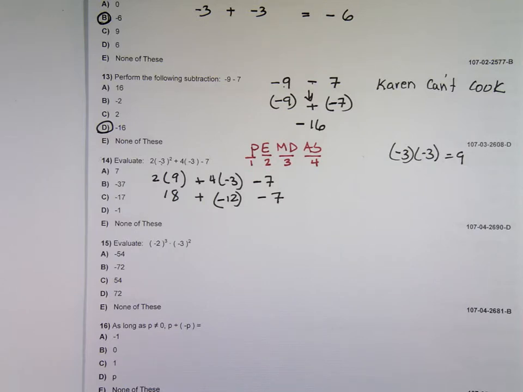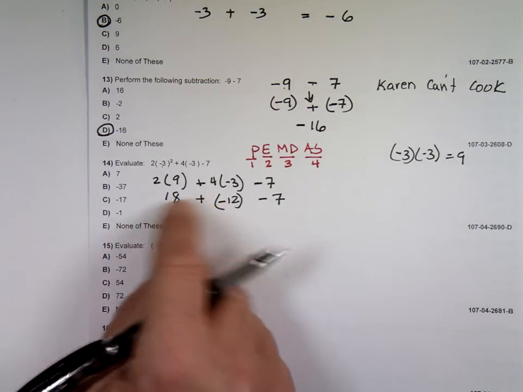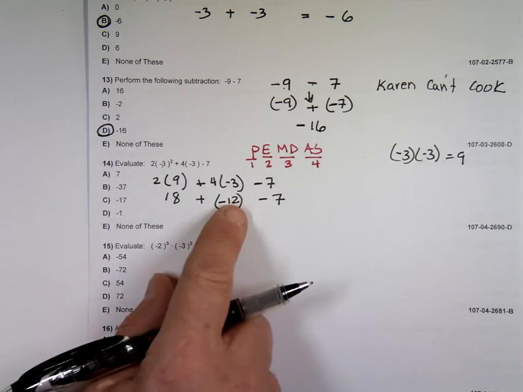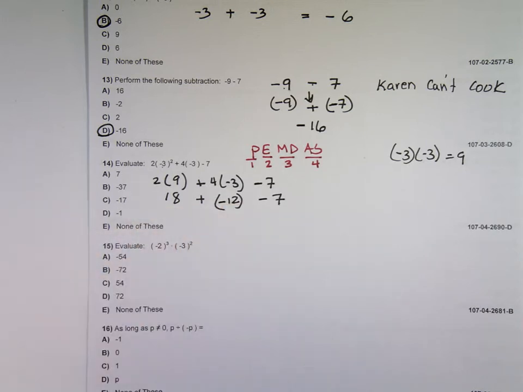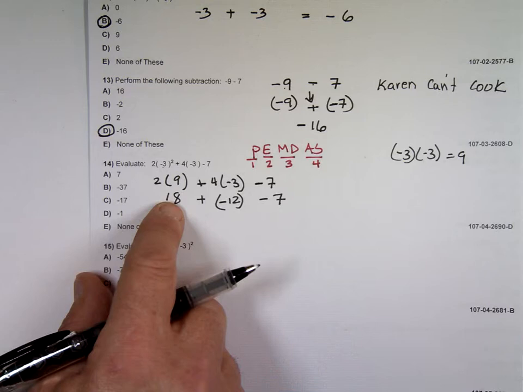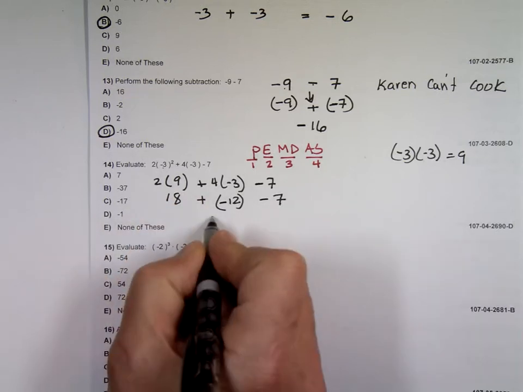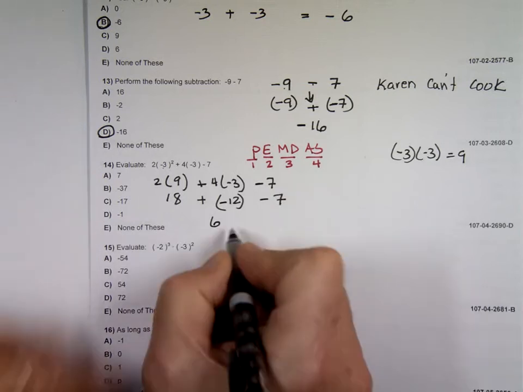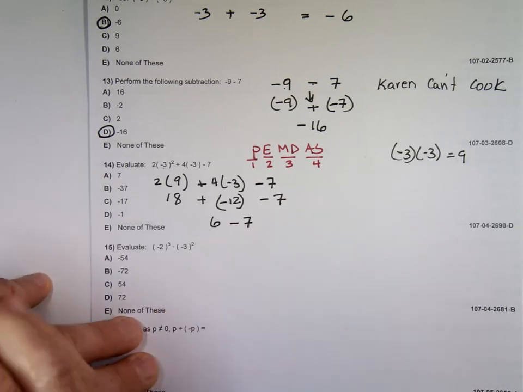Left to right. Let's do this one first. What's 18 plus a negative 12? Different sign. You subtract 12 from 18, which is what? 6, and what's the sign of that number? Positive. Minus the 7. Again, now you have subtraction.